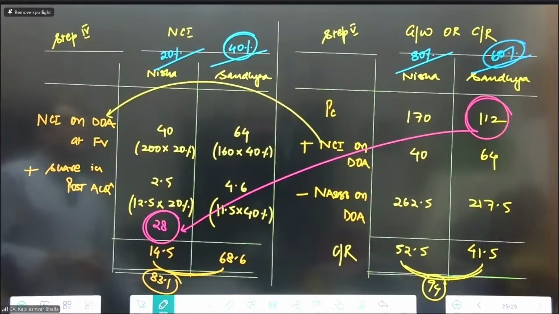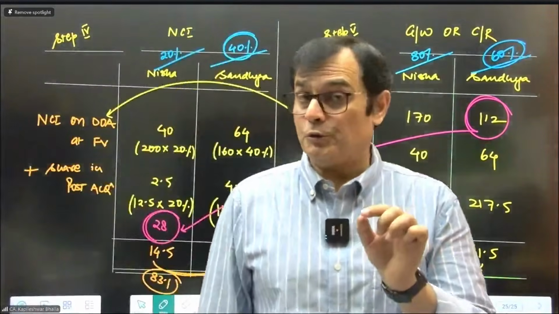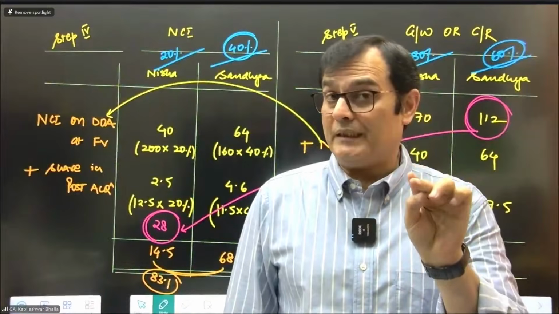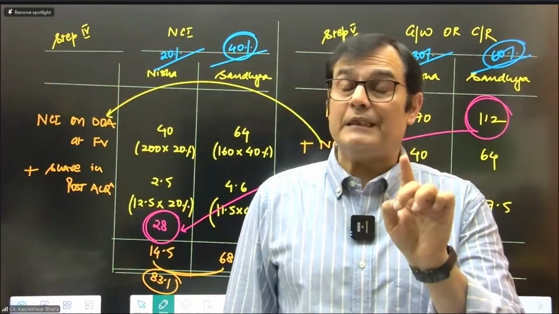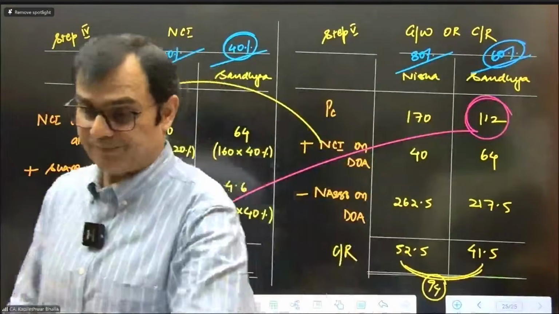Right, so I think that takes care of step number 4 and step number 5, which is on the goodwill and NCI and the special issue considering 80% investment in PC, 20% reduction in NCI, 80% financed by the parent, 20% financed by the NCI.